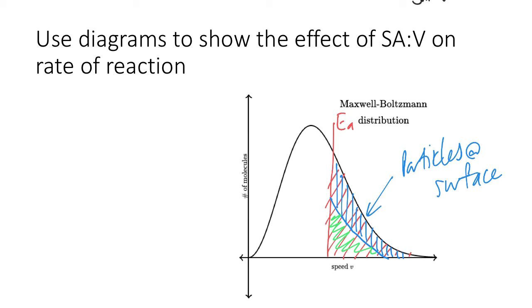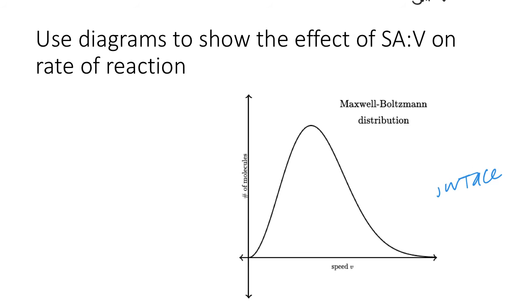How would you then show that you've changed the surface area to volume ratio and there are now more particles that can react? Let's do this activation energy again. What do you think this might represent, a high or low surface area to volume ratio?